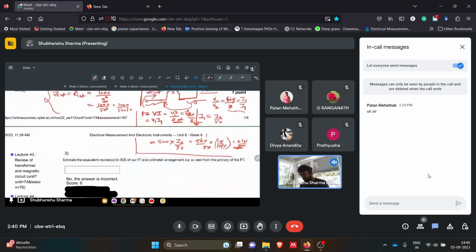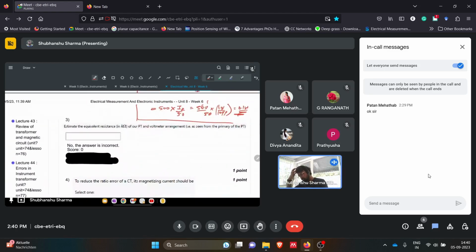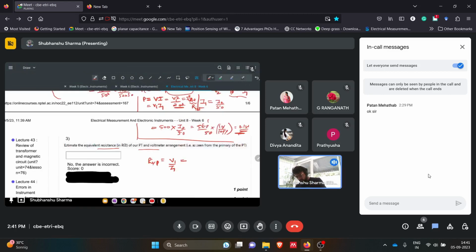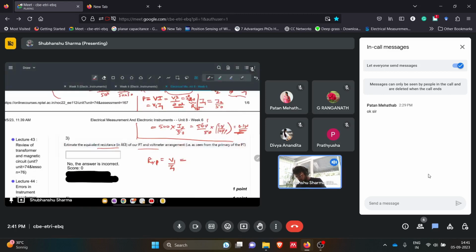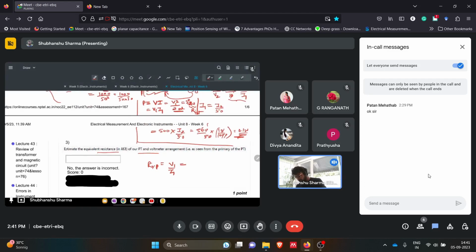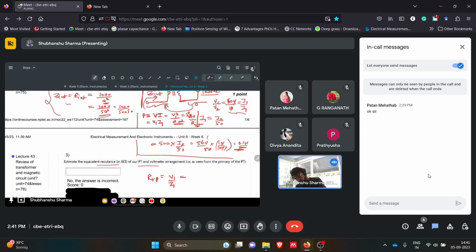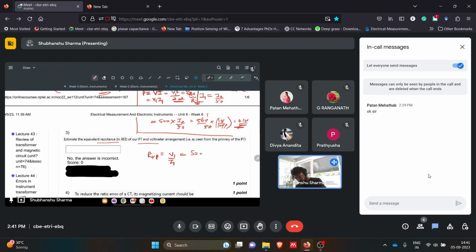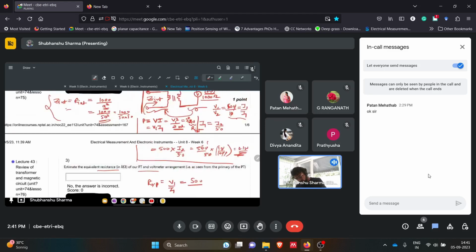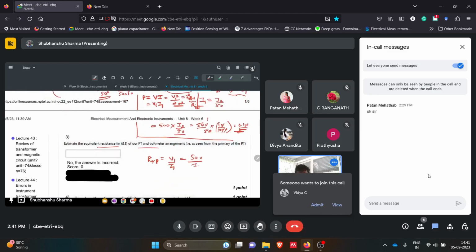Then the next question is, estimate the equivalent resistance of our potential transformer. Equivalent resistance we can calculate with respect to the transformer ratio, or simply V1 by I1. Let's see if this is correct. V1 we had 500, and I1 was I2 by 50.